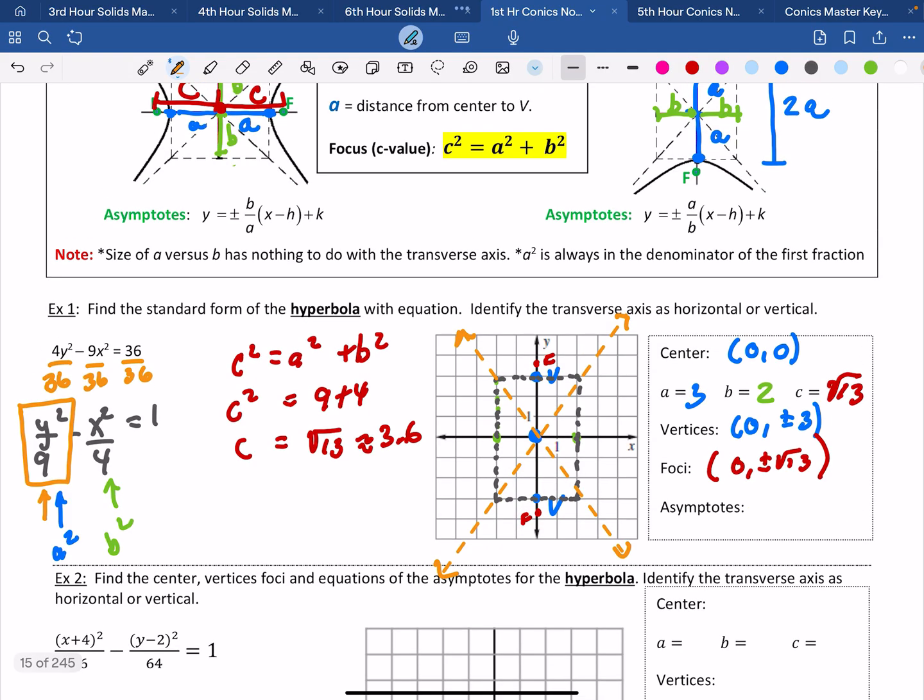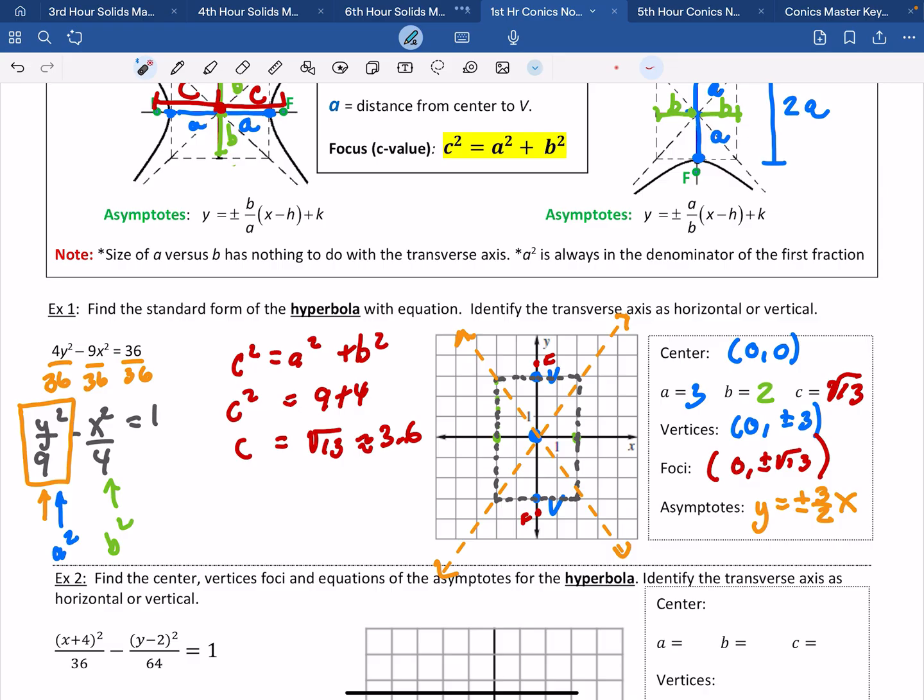Keep in mind, h and k are 0 and 0. All right, so it's just going to be plain old x there. So you end up with y equals plus or minus the slope is up 3 over 2. So 3 halves x. Okay, so there you have that. So once you have those asymptotes in place, and once you have the vertices labeled, now it's super easy. Now what you're going to do is make a nice smooth curve.